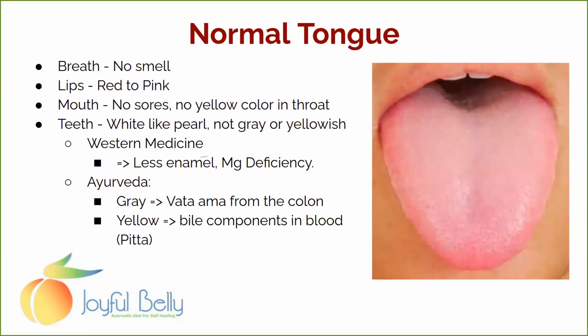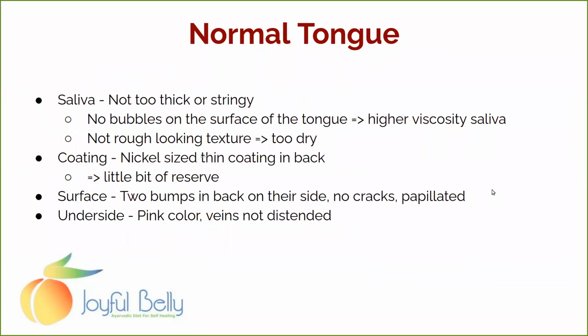If you see bubbles on the surface of the person's tongue, it means their saliva is too thick. There should be a nickel-sized, very thin coating in the back. So everyone should have a little bit of coating. If there's no coating in the back, it means that they are deficient, and also or too hot, so that they're burning off their fluids.